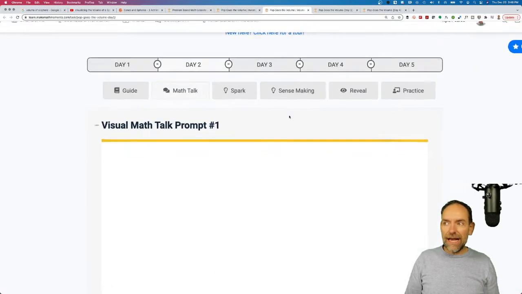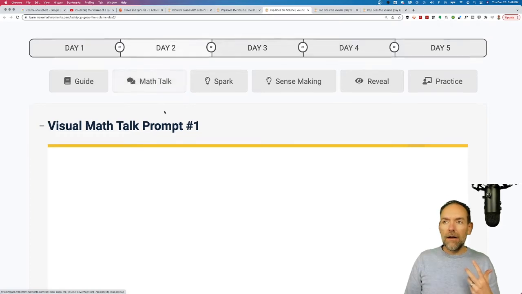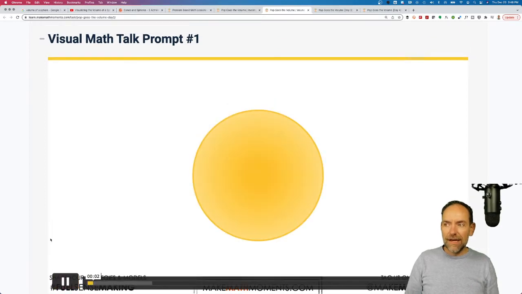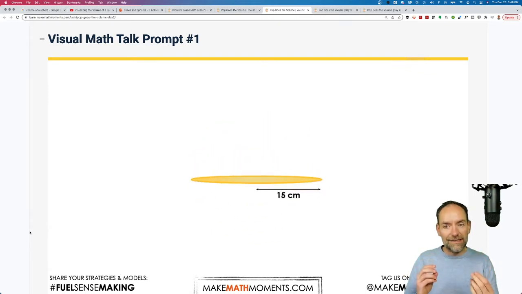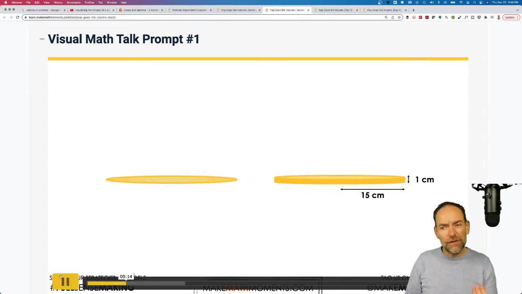And you'll notice actually at the beginning of day number 2, we have a math talk set up for you. And these are visual math talks. So we won't go through the whole math talk, but just to give you a sense, we want to get students feeling confident in calculating the volume of a cylinder, especially using a bit of their conceptual understanding.